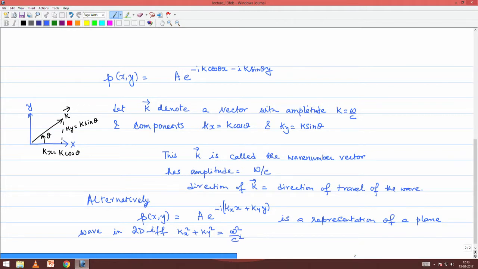If you choose k x and k y such that the sum of the squares is a constant, which is omega square by c square, then all such choices will lead to plane waves.